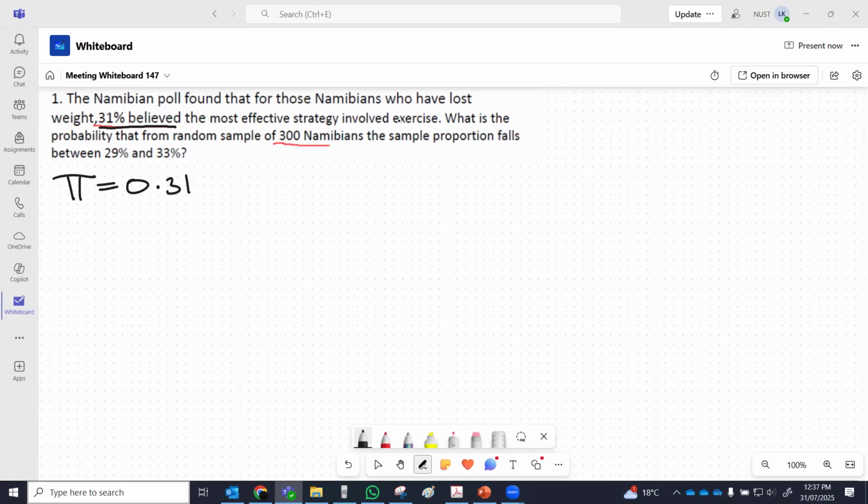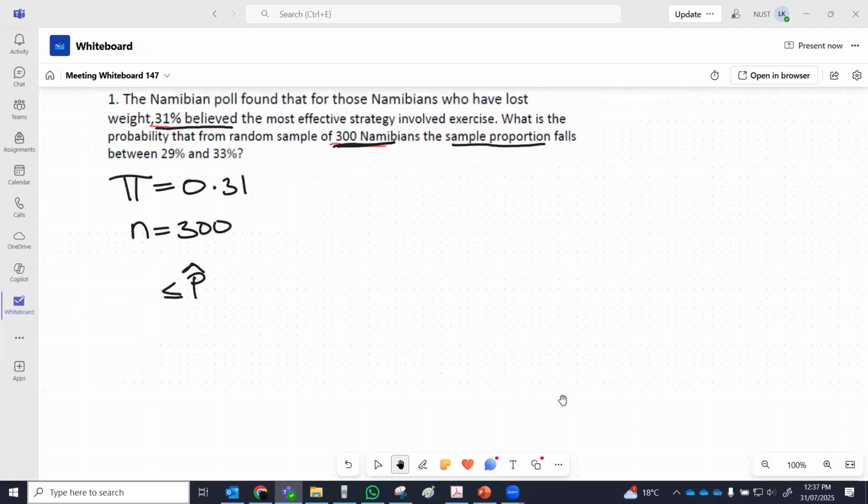And then it says, what is the probability that from a random sample of 300 Namibians? So we took a sample of 300 Namibians, so this means n is equal to 300. And we want to know what is the probability that the sample proportion, which we call P hat or just P, is between 29%. Remember we said we don't write 29%; we must write it as a decimal or as a fraction.